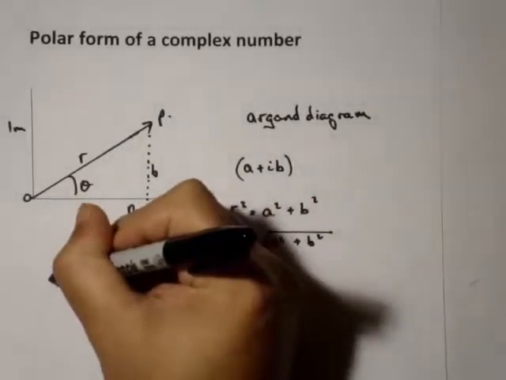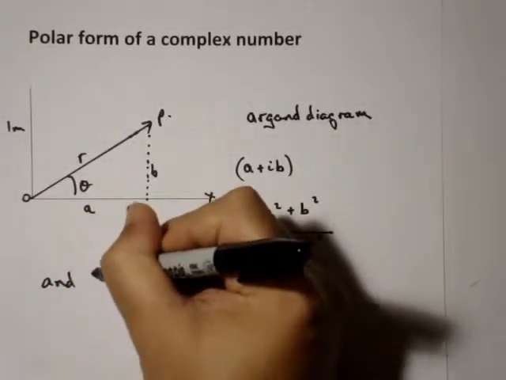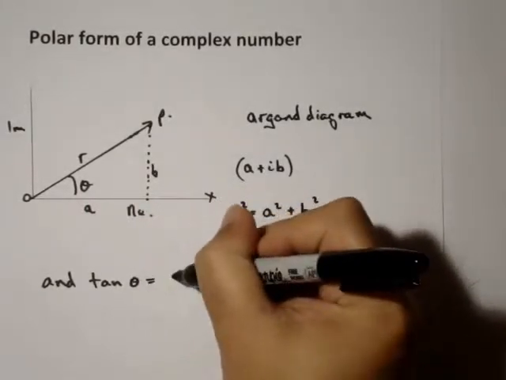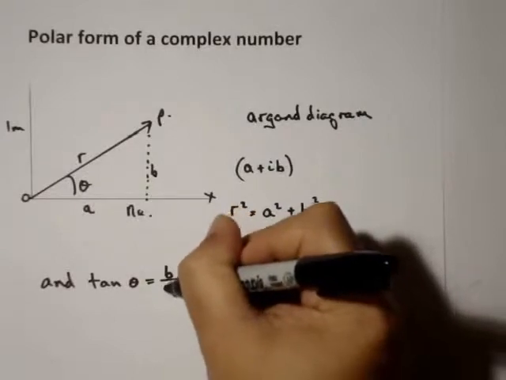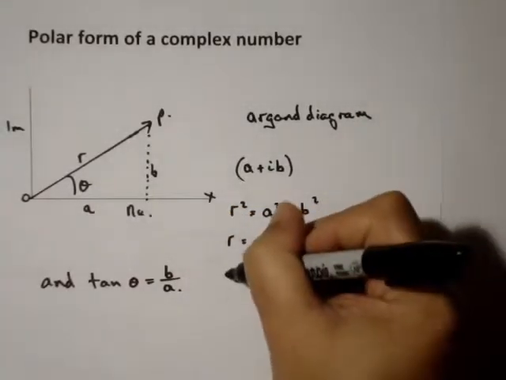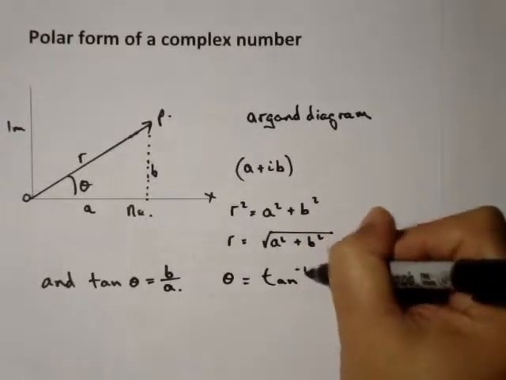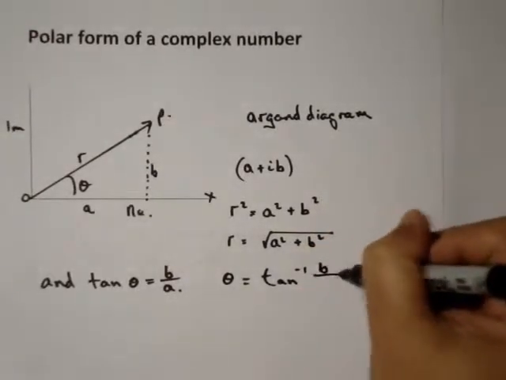And also tan theta equals b divided by a. So theta equals inverse tan, which is tan to the minus 1 of b over a.